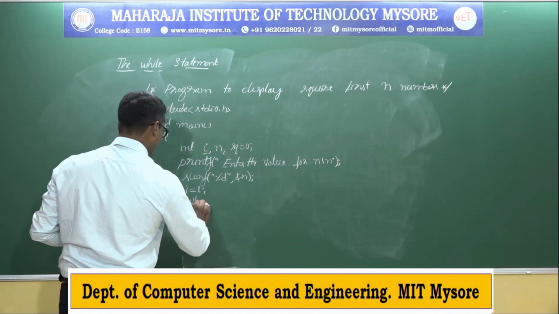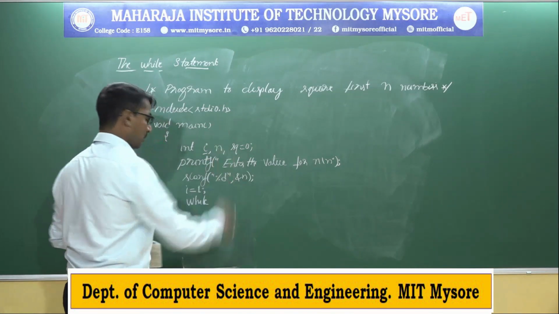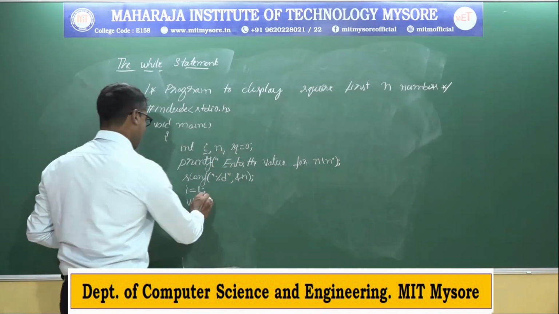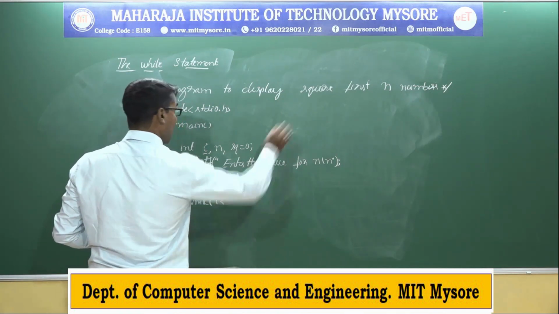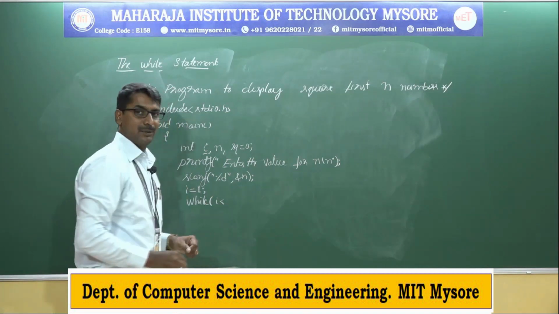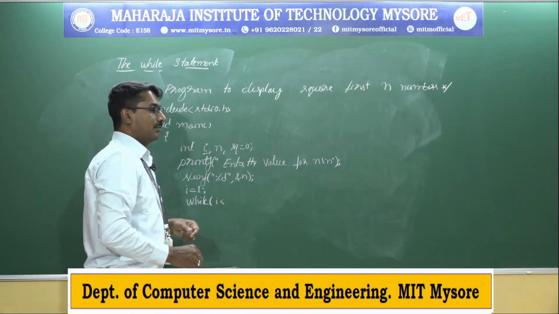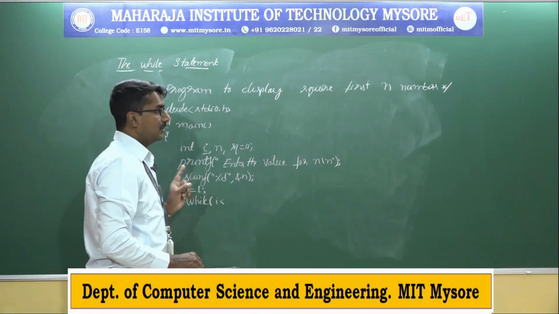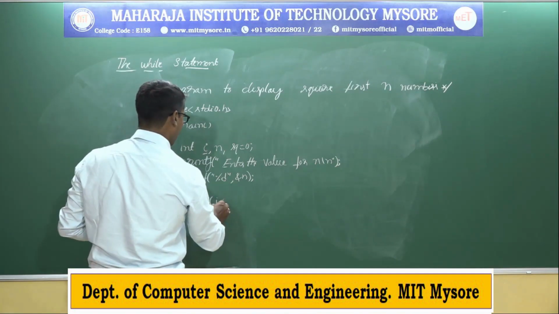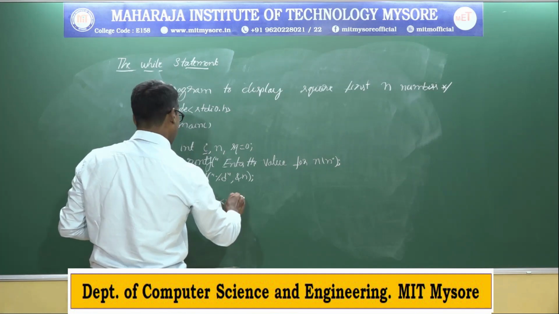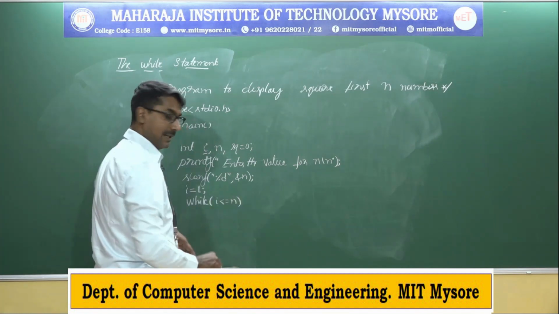Next, while the condition i less than or equal to n. In the previous program I displayed the numbers from 0 to 100, but here I need to display the square of the first n numbers, so i goes from 1 to n.